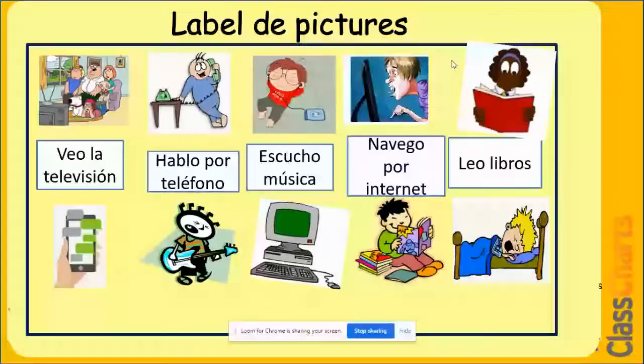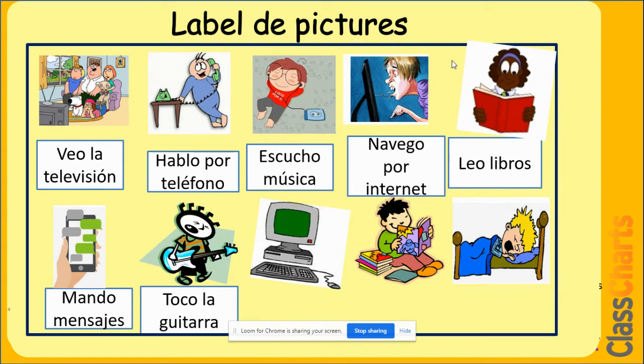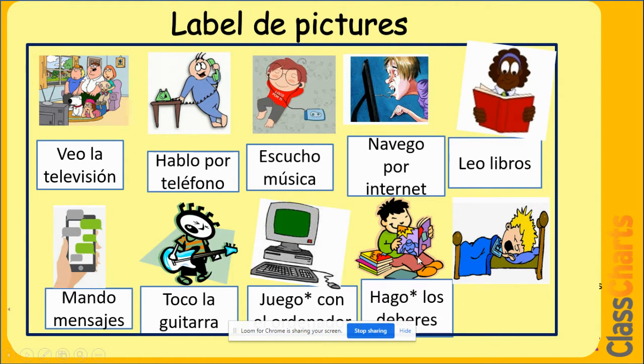Number 6, mando mensajes. Number 7, toco la guitarra. Number 8, juego con el ordenador. I'm sorry, you can see ordenador there. Number 9, hago los deberes.